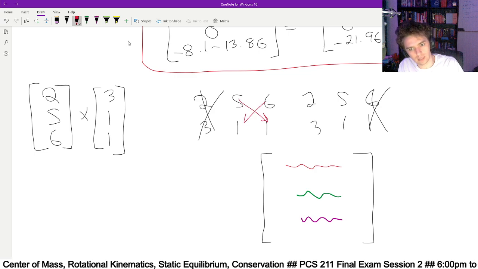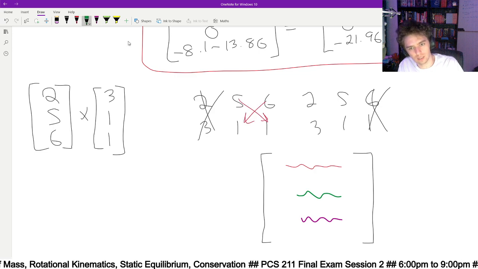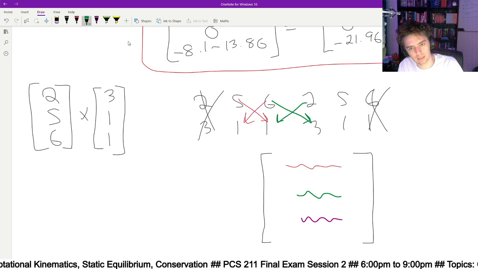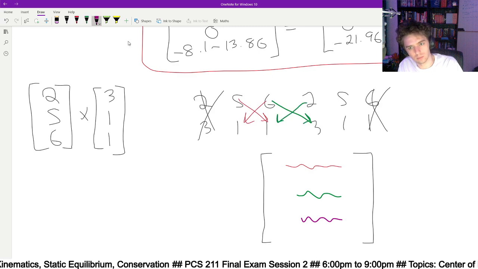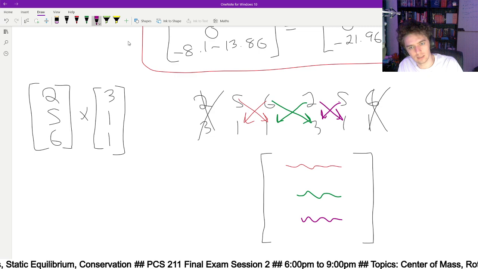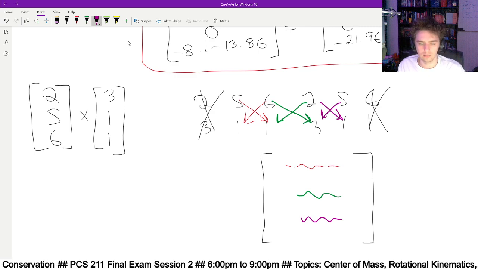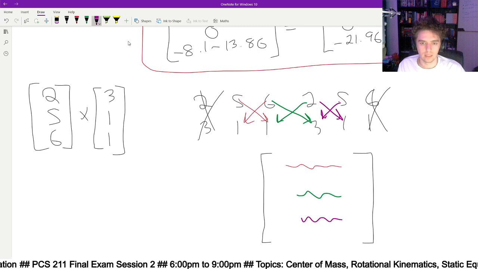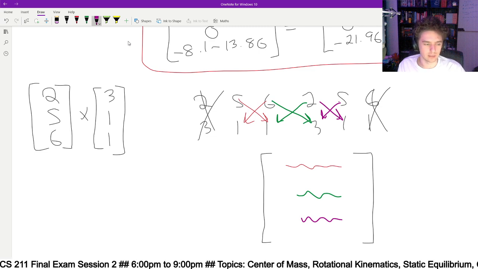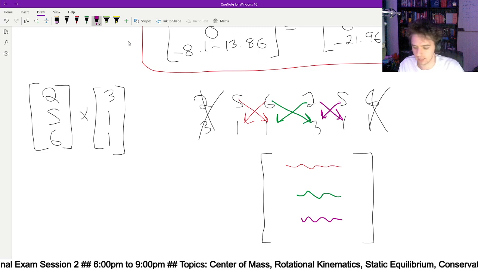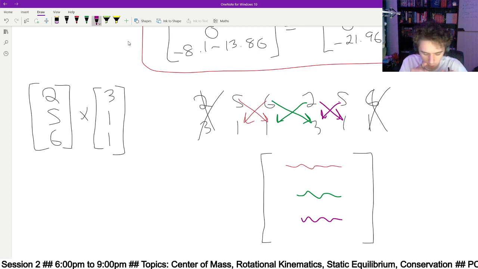So the red is that, green is that, and purple is that. Okay. A much faster way of doing the cross product than the other stuff.